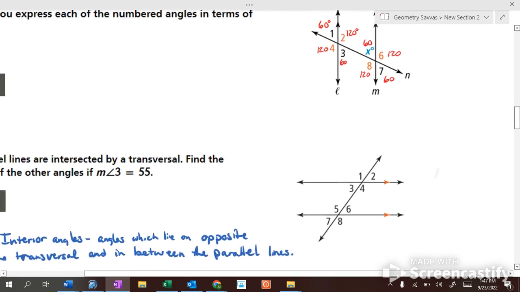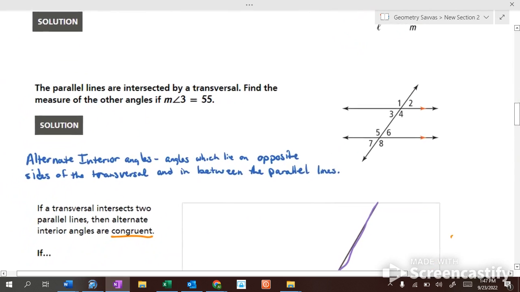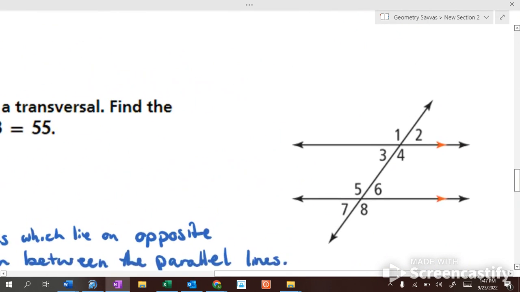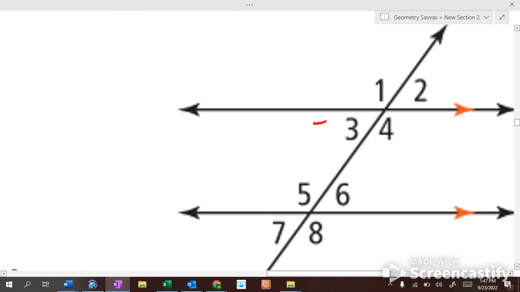So, if angle 3 is 55, we can figure out every other angle. What's angle 1? This is the hardest question that I'm going to ask you over the next 1 minute. What's angle 1? 125, right? So then once you have those two, it's cake.